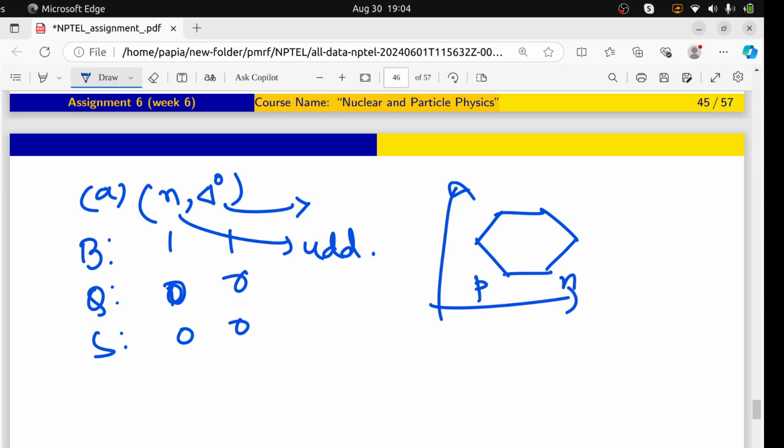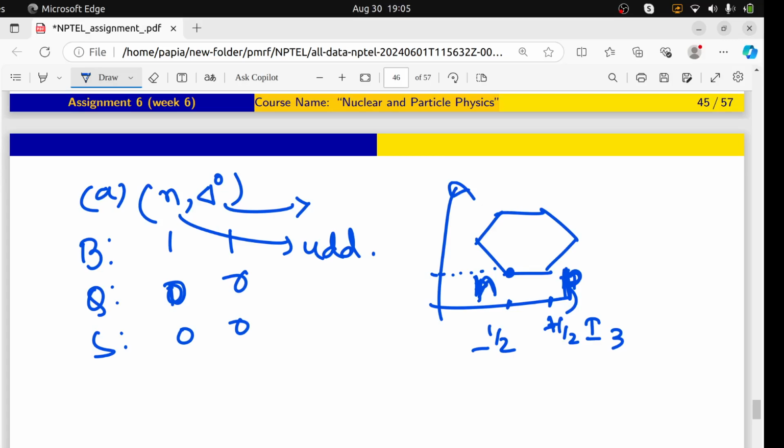This is P, this is N, and on the I3 axis, this is minus half and this is plus half.